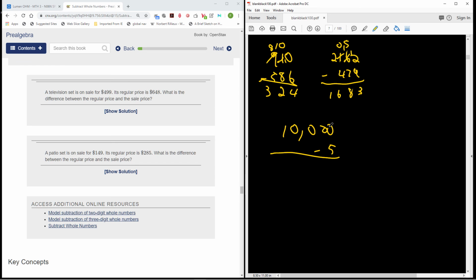But in this case here, when I borrow, each one of these will roll back 1. So when I borrow, it becomes 9, 9. And I take 1 away, it becomes 999. So now I have 10 here. 10 minus 5 is 5. And I have 9, 9, and 9. And when I add these back, I get my 10,000.